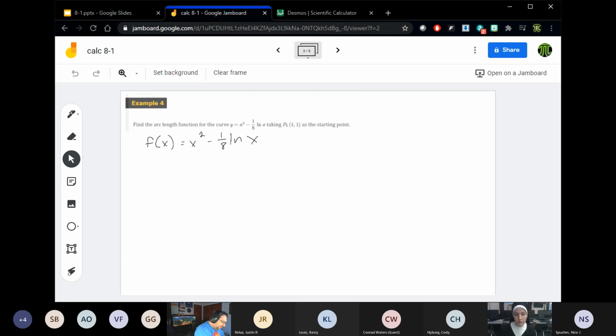My f prime of x, the derivative of that, is 2x minus 1 over 8x. Then 1 plus f prime of x squared is 1 plus (2x minus 1 over 8x) squared, which we can FOIL out, and we get 1 plus 4x squared minus 1/2 plus 1 over 64x squared.